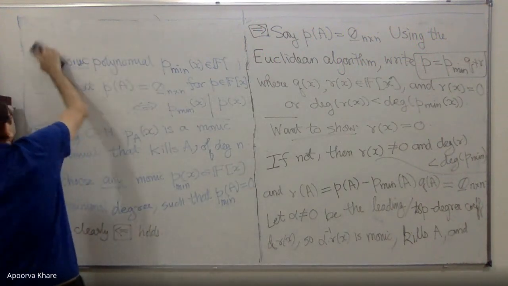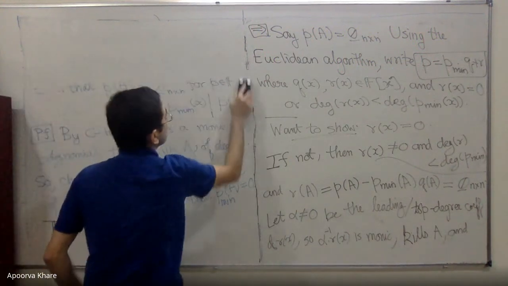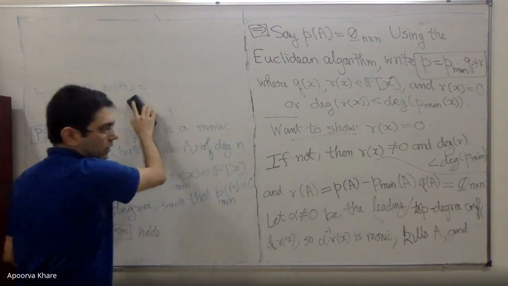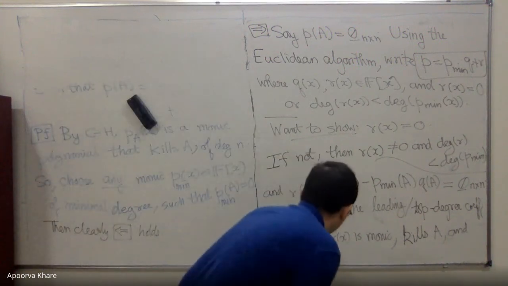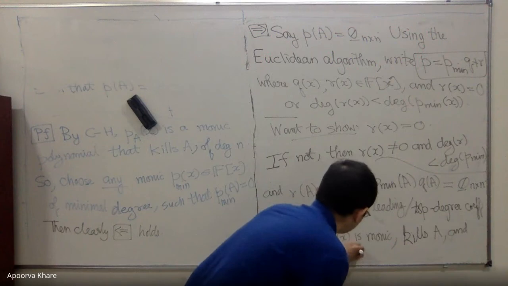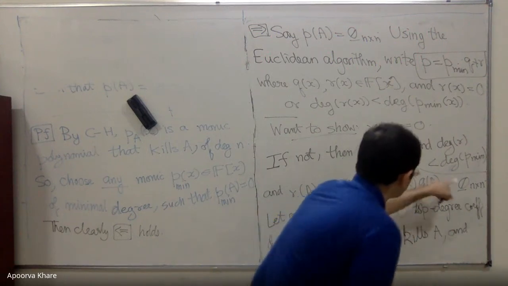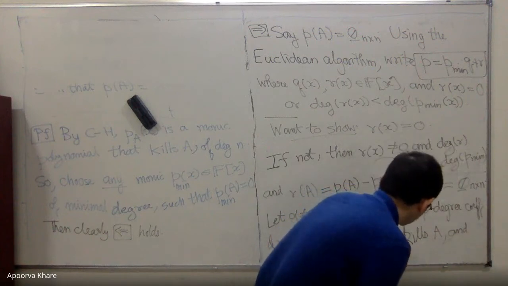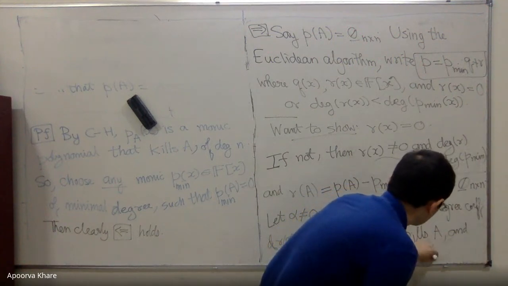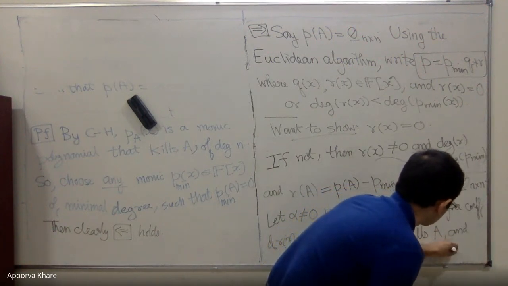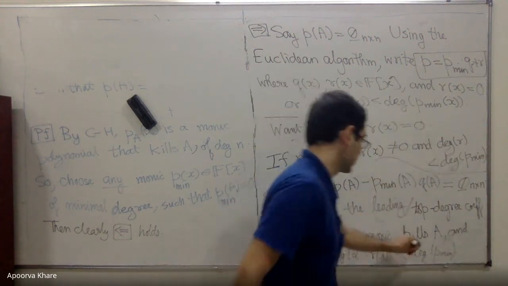So this is monic, kills A, and has strictly smaller degree: the degree of alpha inverse times R of X is equal to the degree of R, which is strictly less than the degree of P min. And that's a contradiction, right?